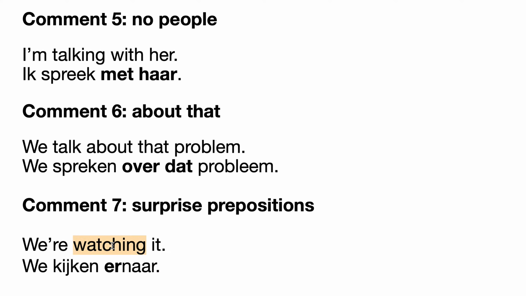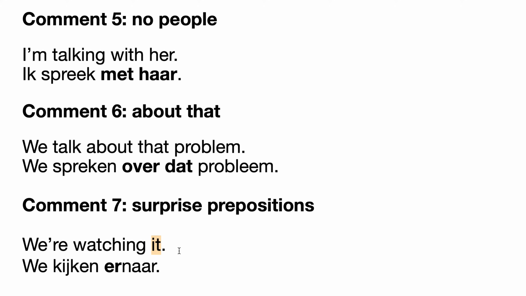However, in English you're not using a preposition here, we're watching it. But in Dutch, as you know, naar is with kijken, so we have to use ernaar instead of we kijken het. Good? So that's something to pay attention to.